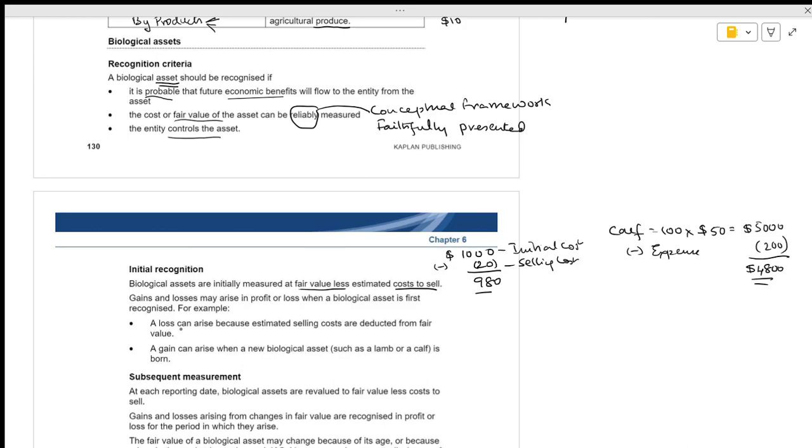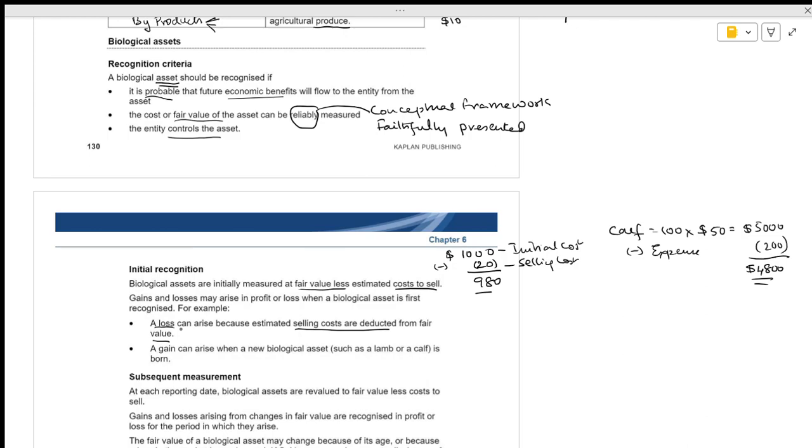Gains or losses may arise in the profit and loss account when a biological asset is first recognized. What is the loss? A loss can arise because estimated selling costs are deducted from the fair value, whatever the estimated selling cost is.